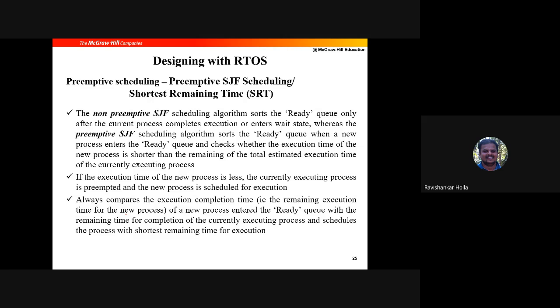But in preemptive, it doesn't happen, because as soon as a higher priority task arrives, or the scheduler decides because of the algorithm that some other task in the ready queue has to be executed, the current process is removed from execution and the new process is put into execution. This removed process will have some amount of time left for execution. So SJF in preemptive is generally better called shortest remaining time.